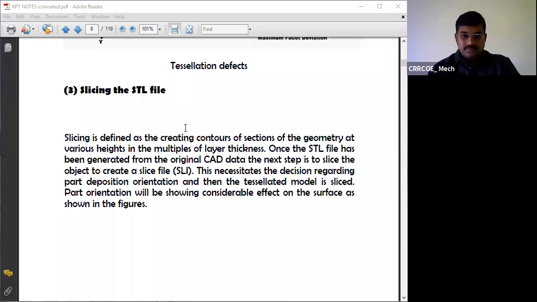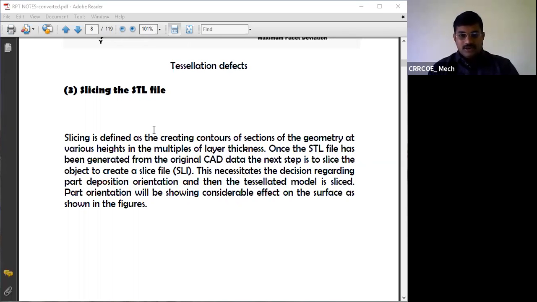Slicing the STL file. Slicing is defined as creating contours of the sections of the geometry at various heights in multiples of layer thickness.